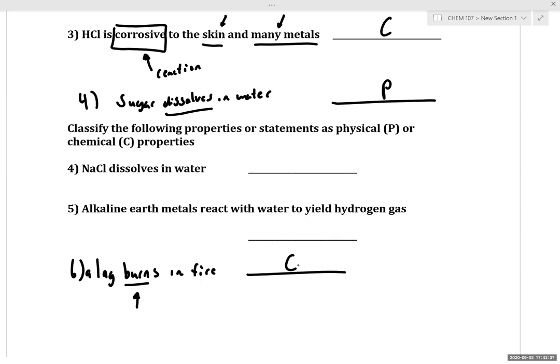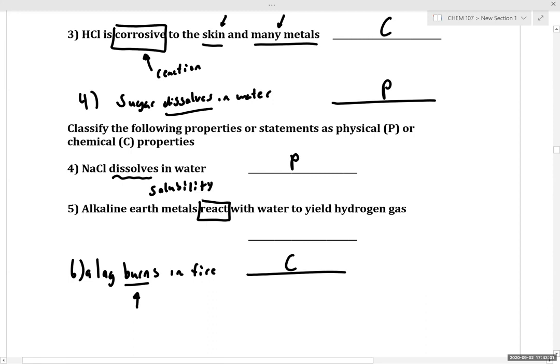So let's discuss. Sodium chloride dissolves in water. Dissolves, that tells us we're dealing with solubility. And is that a physical or chemical property? As I see overwhelmingly in the chat, it's a physical property. Alkaline earth metals react with water. So we see the keyword react. Is that a physical or chemical signpost?